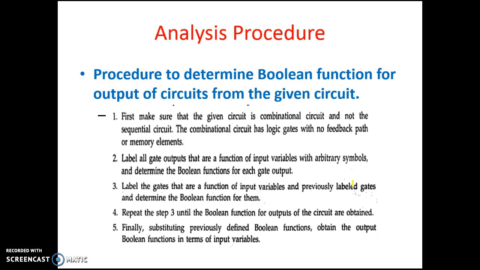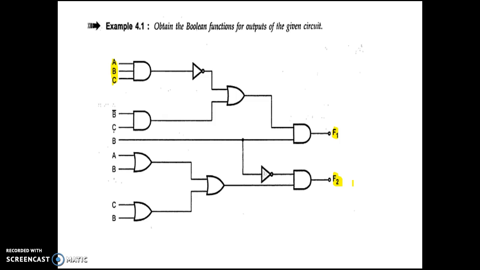Second, label all the gate outputs that are functions of the input variables with arbitrary symbols and determine the Boolean functions for each gate output. Here A, B, C are the input variables in this case.